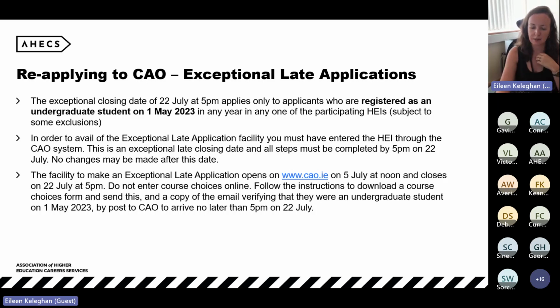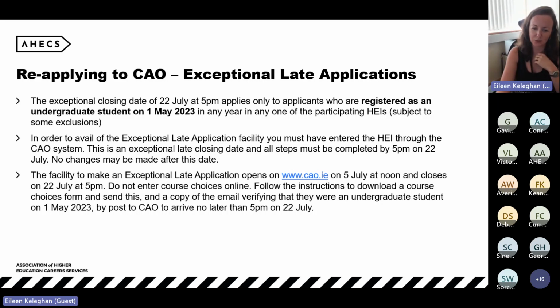The facility to make an exceptional late application will open on the CAO website on the 5th of July at noon, and it closes on the 22nd of July at 5 p.m. The applicant can't enter their course choices online. They can make the application, but they can't enter their course choices.